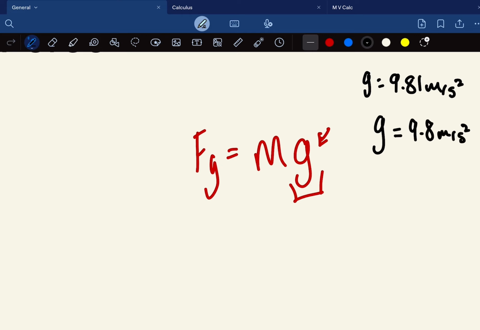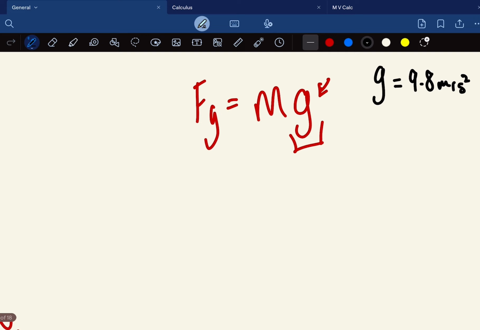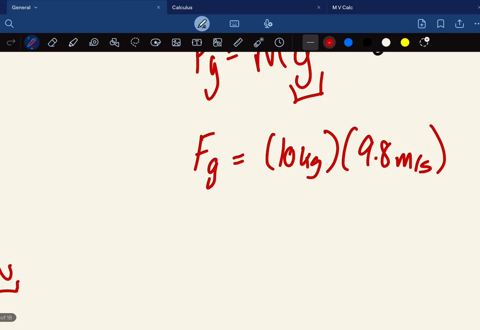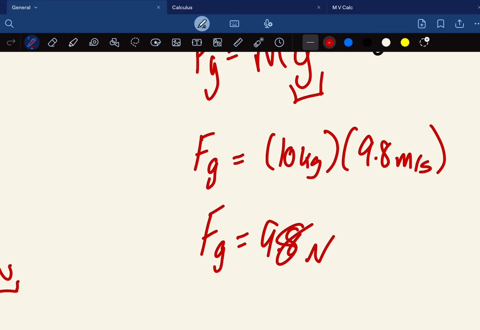It will not change our calculations at all. So if we have a mass of 10 kilograms, then our force of gravity is equal to 10 kilograms times 9.8 meters per second squared, and we have that our force of gravity is equal to 98 newtons.